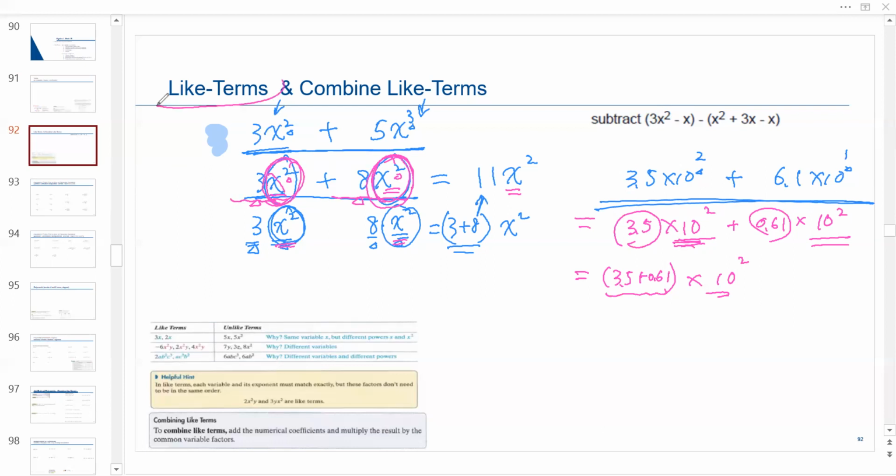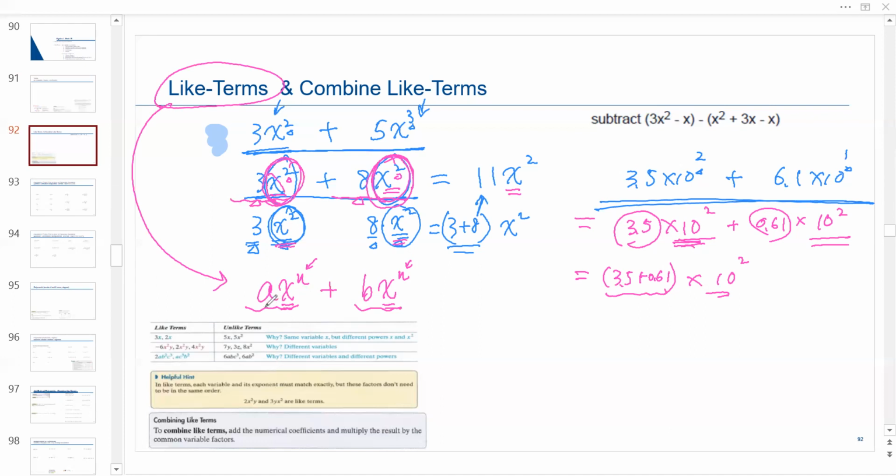So right now we are introducing like terms. What is a like term? So ax^n and bx^n. The variable, called the base, is the same, and their exponent is also the same. So when they do addition, we call this term and this term like terms.